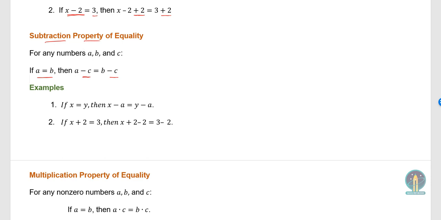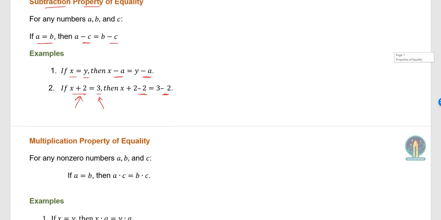Okay. Examples are if x equals y, then x minus a is equal to y minus a. If x plus 2 equals 3, then x plus 2 minus 2 is equal to 3 minus 2. Okay, so subtracting 2 from both expressions keeps the equality the same.